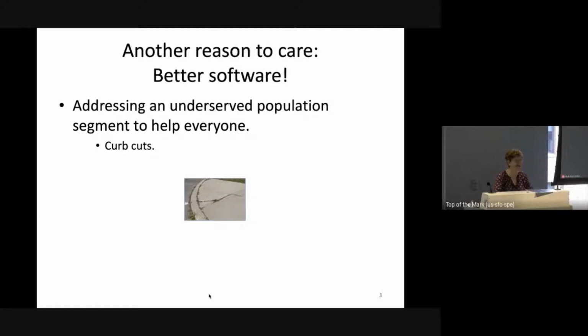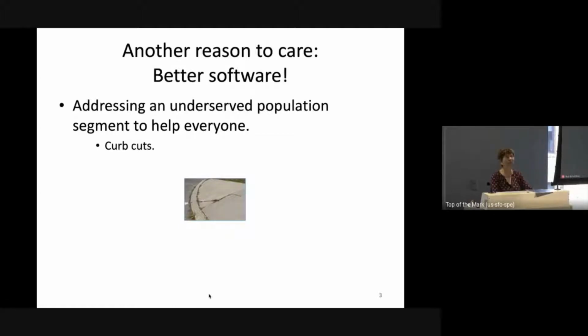We've talked about curb cuts more than once at this event, and here we are again in curb cut territory. It's actually quite well known in the design science community that if you focus on an underserved population and focus really hard on just them, you find things that actually benefit everyone.